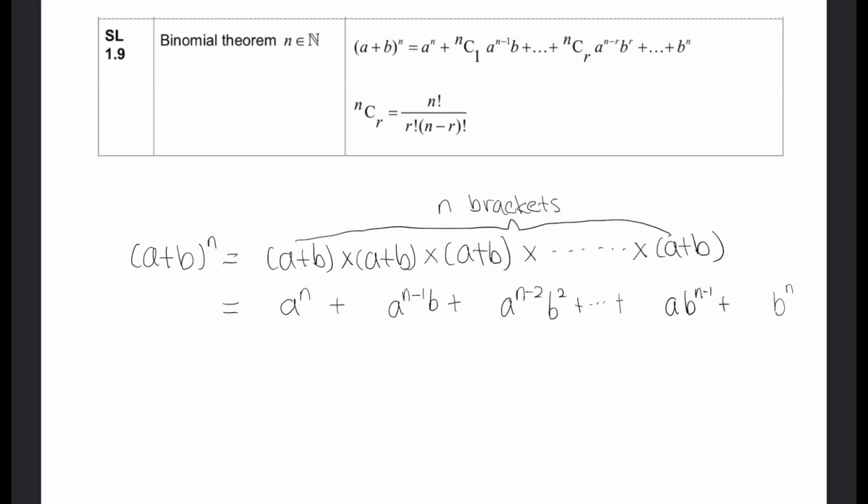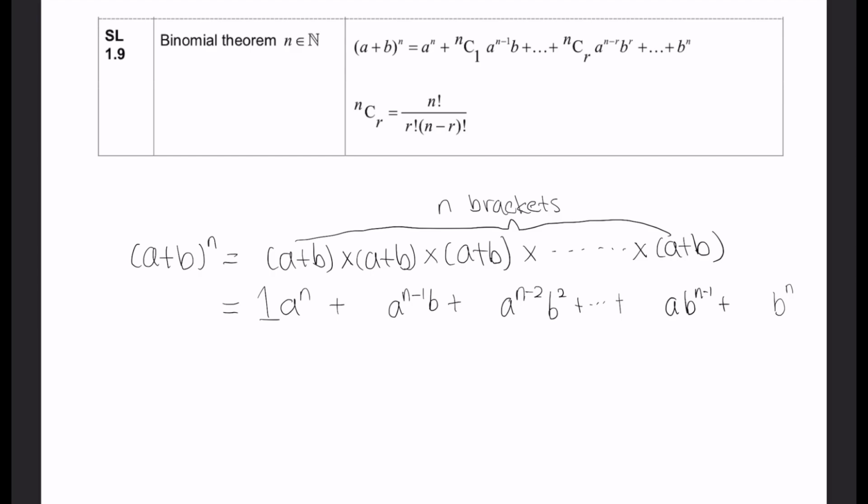For example, to make an a^n term, we need to choose a for all of the n brackets, and that can be done in only one way. So the coefficient of the a^n term in the expansion will be 1. Whereas to make an a^(n-1)b term, we need to choose a for n-1 brackets, or better so, b for 1 bracket.